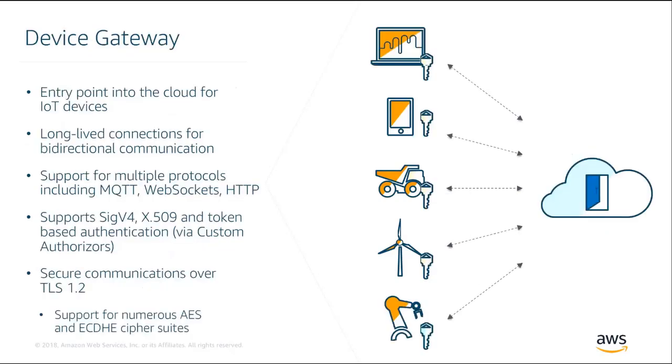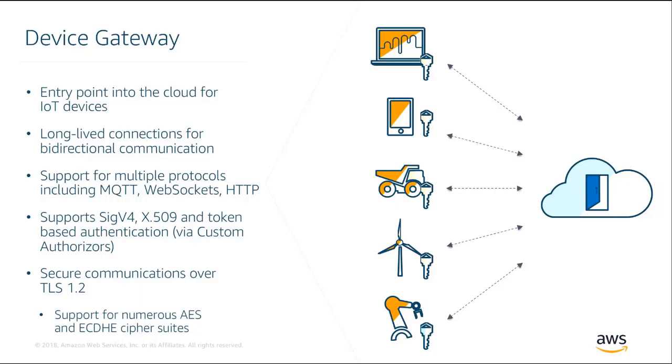We then have the device gateway that really sits behind the identity service. Think about the device gateway as a long-lived bidirectional communication channel that runs over TCP. Devices can publish and subscribe to messages using multiple protocols. They can use MQTT over TCP/IP, MQTT over WebSockets, or a RESTful HTTP interface. Tying into the identity service, devices will use X509 certificates to identify and authorize themselves.